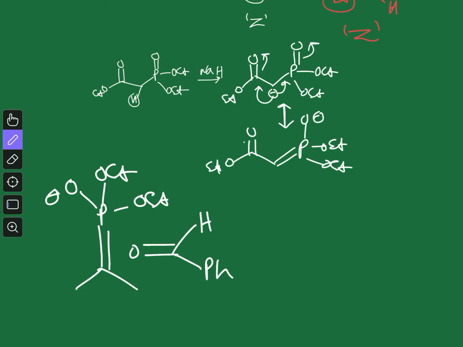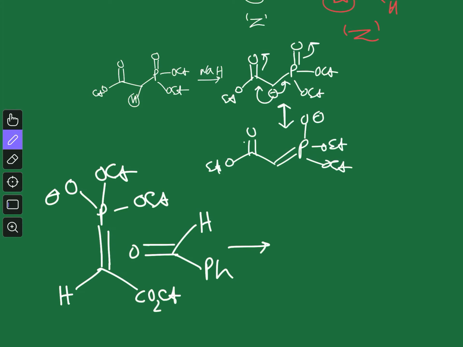Now here it is important to note where we should place the other groups. In the previous case we put the ethyl group over here, but now what we will do is put the hydrogen over here and the CO2Et group over here. Why? You will see within a moment.